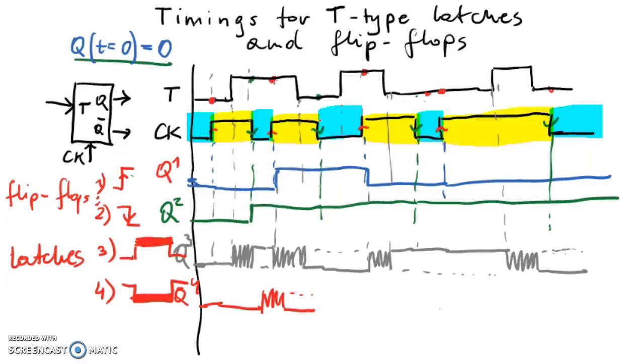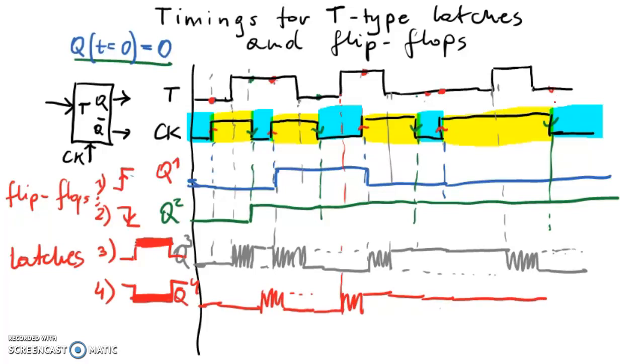Then the activity starts here, but until this point in time, no change occurs because T is equal to 0. Now oscillations, many toggles, and then stop because the activity finished, and then the activity, but T is equal to 0 within the whole period of time, so no change will occur.